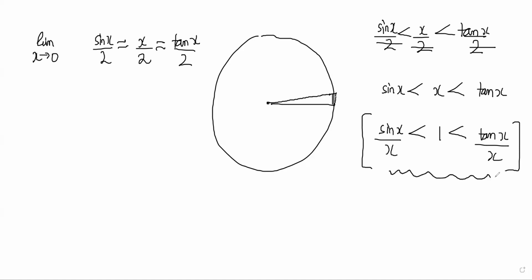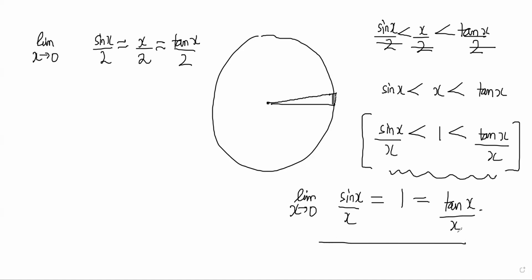Yes, sir. This thing is true in general, but if limit x tends to 0, then all three ratios become equal, right? Yes, all the three areas will start approaching each other.